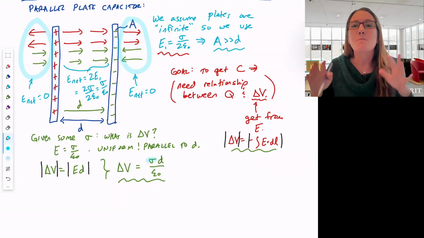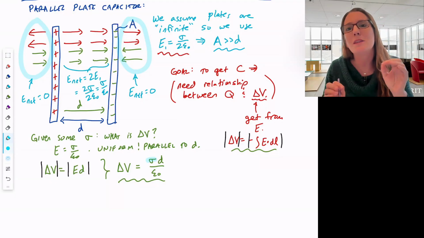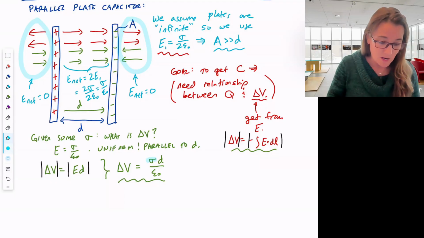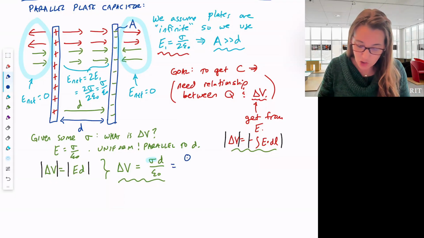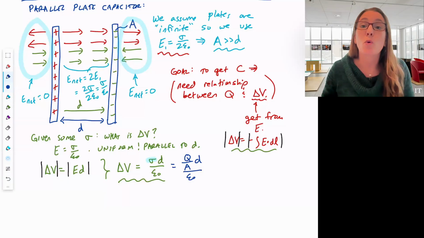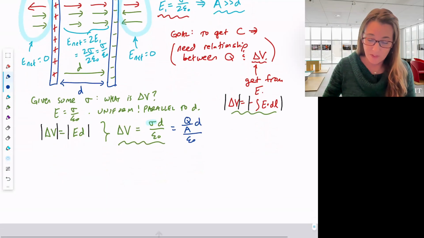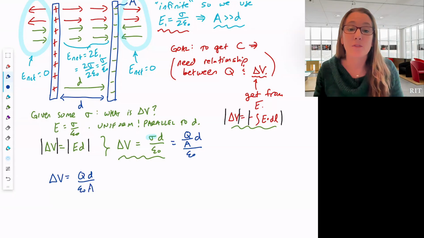These plates are being modeled as infinite, but we're also giving them an area, assuming that area is much, much bigger than d. So we can write this as Q over A, because that's our charge per area, times d over epsilon naught. Awesome. I'm going to rewrite this result as delta V equals Q d over epsilon naught A.